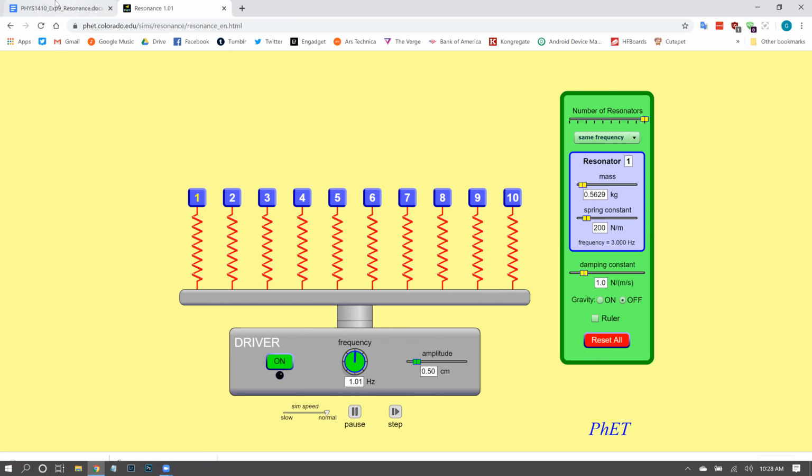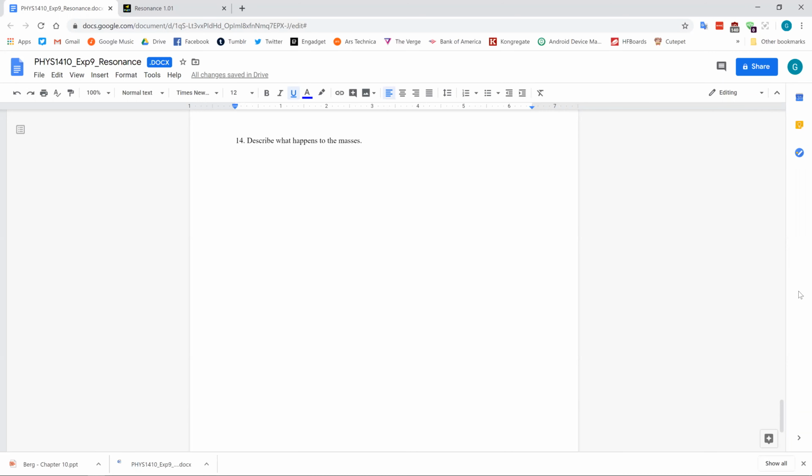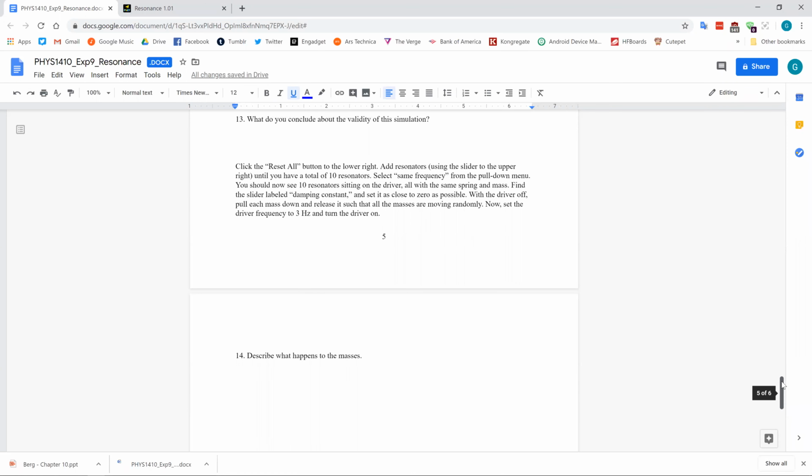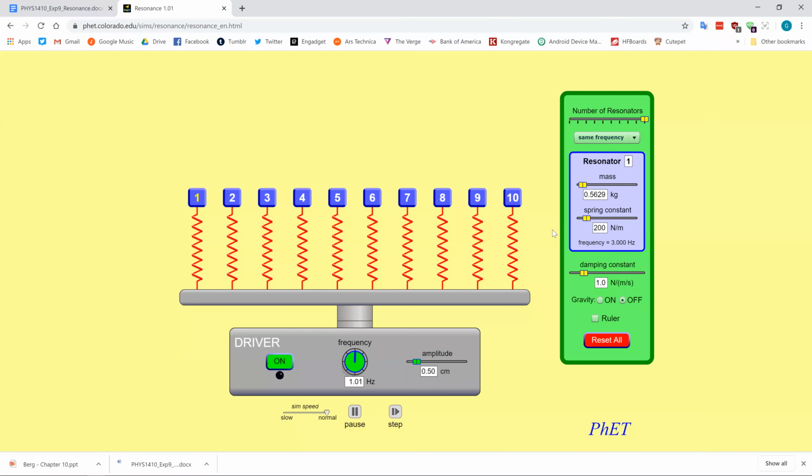I'll check the frequency here in a sec. So we've got the same mass. I'm going to set the damping constant down to 0, or as close as I can get it, and the driver at 3 hertz.